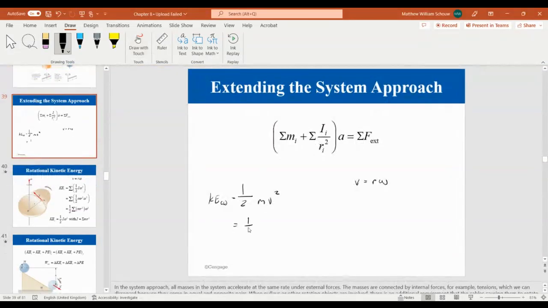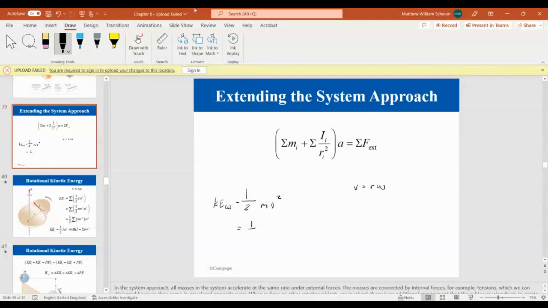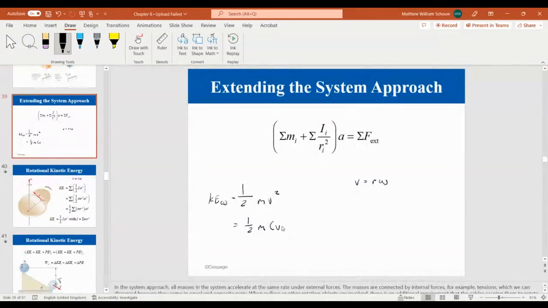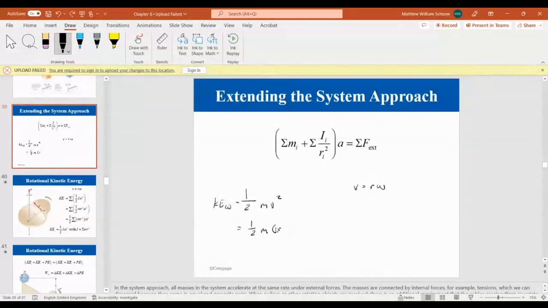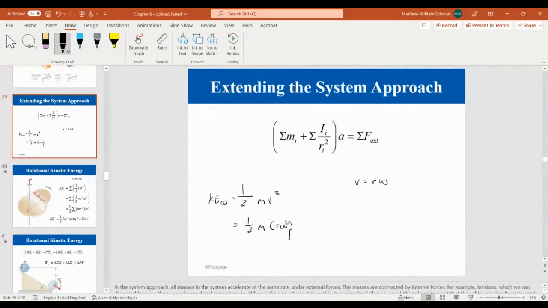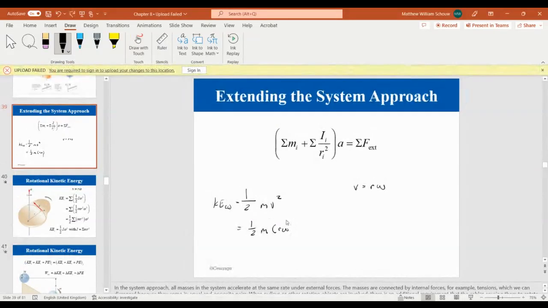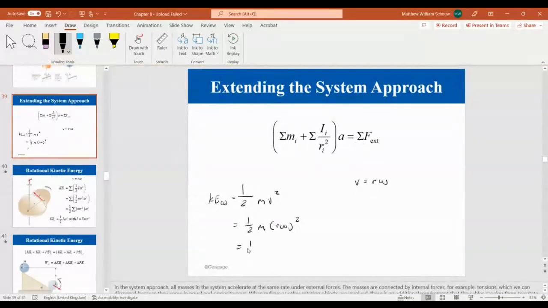So you get half mass, and here we're going to have r omega squared. And what happens here is we square both terms.